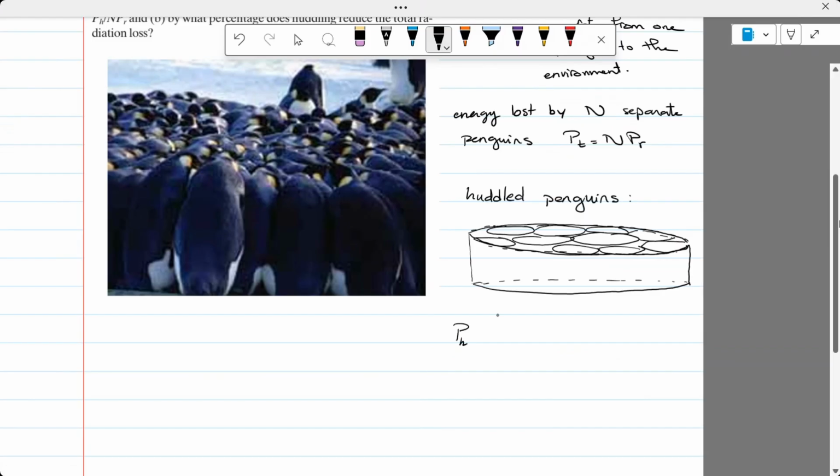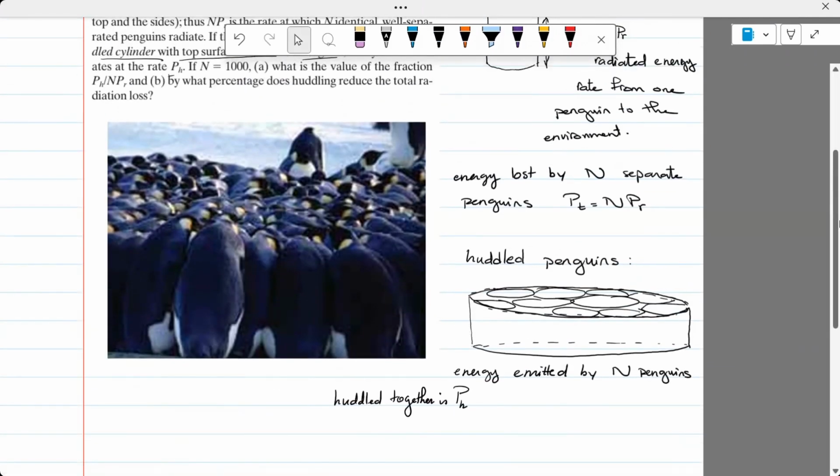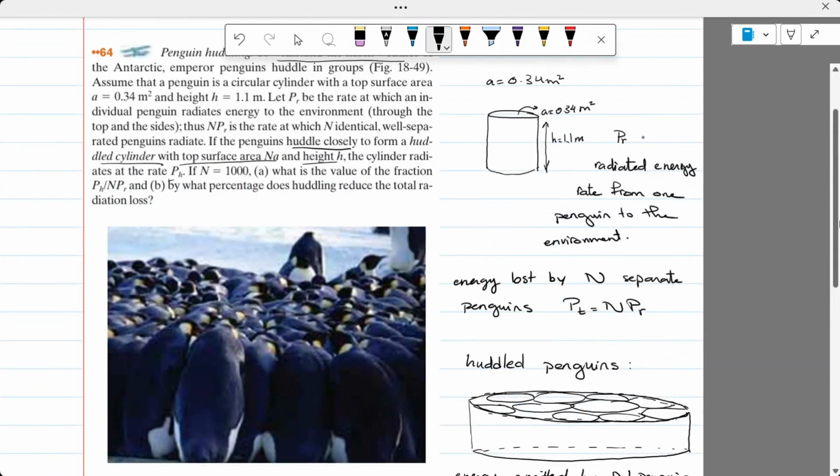The energy lost by n penguins huddled together is PH. Now, what's the difference between the two cases? It's essentially in the surface area, right?